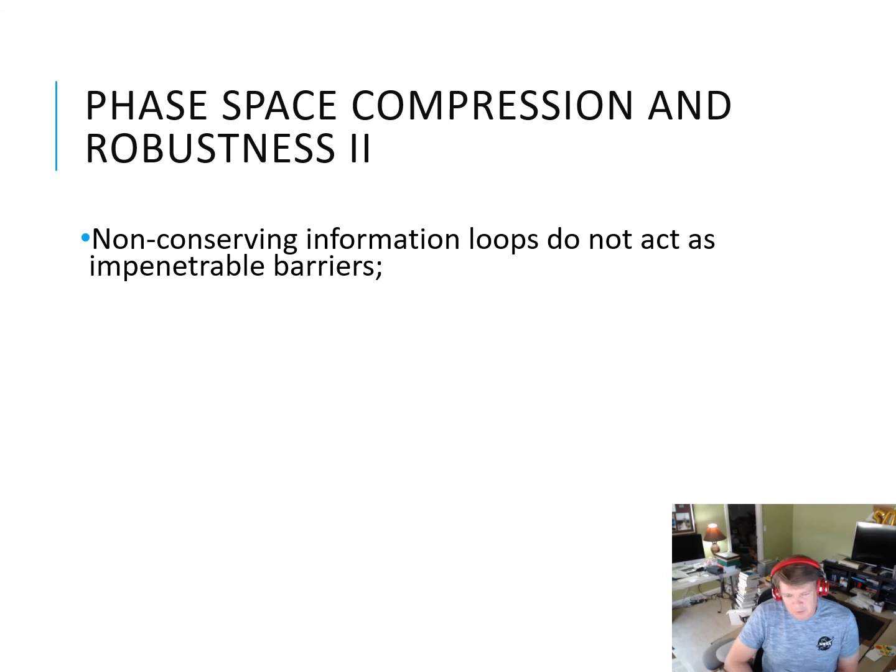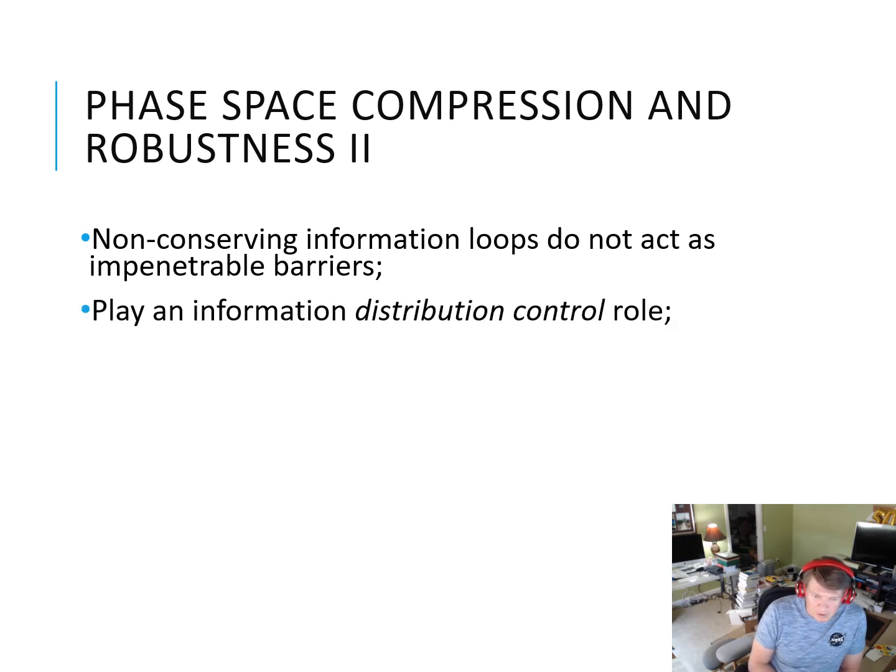So non-conserving information loops do not necessarily act as impenetrable barriers. I mean, they're stopping information flowing around that particular loop, but by doing that, it's supporting not only modularization, but also improved robustness of the resulting system. They play an important information distribution control role.